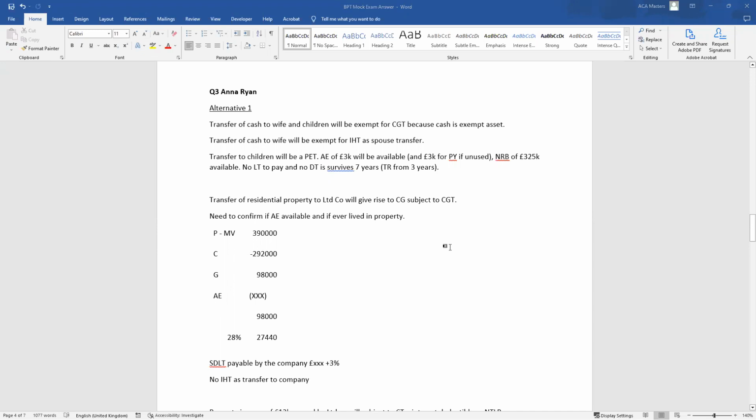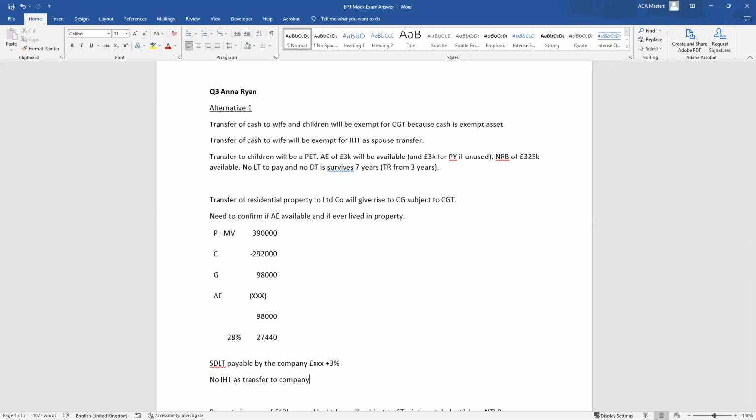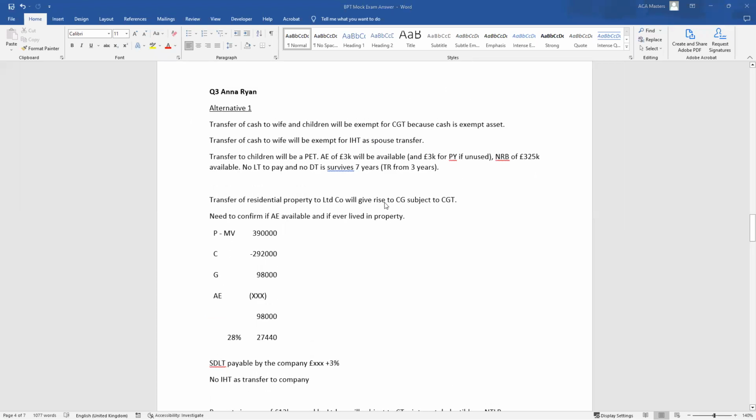But making sure that you think of all of the relevant taxes, you can bring them in, and they're the gateway to the marks. But definitely with these capital taxes questions, really thinking CGT and IHT, make sure you cover both of them. If you only did CGT here or only did IHT, you'd be limiting yourself to half of the marks.